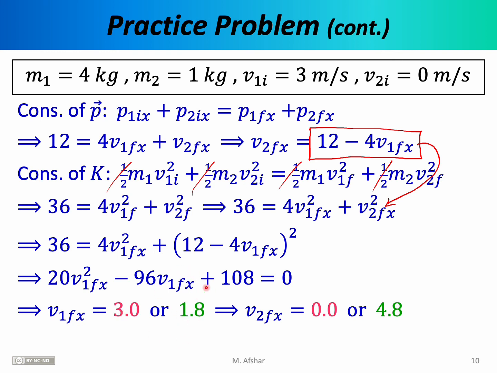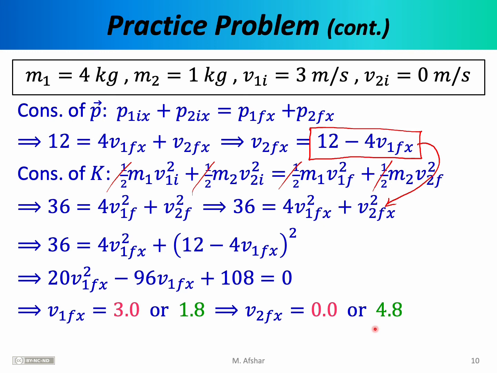You'll have to take your V1f and plug it into this equation here for V2f to find the final velocity of particle 2, and when you plug in 3 into this equation, you'll get 0 for V2, but if you plug in 1.8 into this equation, you'll get 4.8 for V2.